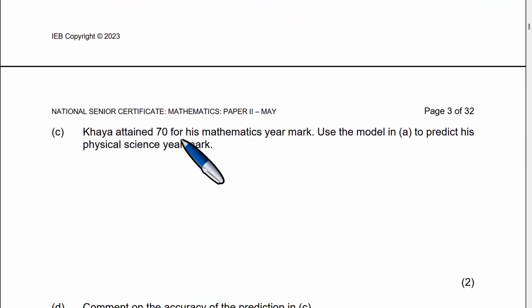Kaya attained 70 for his mathematics year mark. Use the model in A to predict his physical science year mark. Right, so obviously you can see the mathematics year mark versus the physical science year marks. So let's look at that carefully.